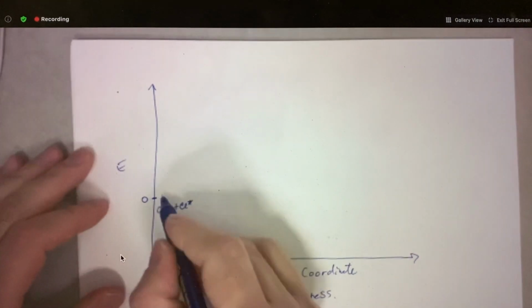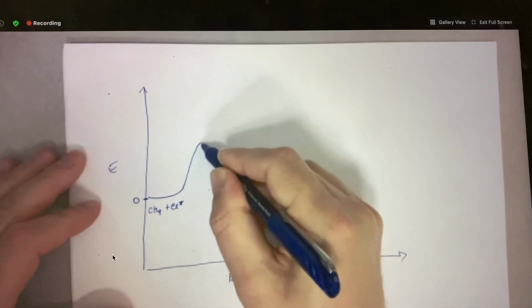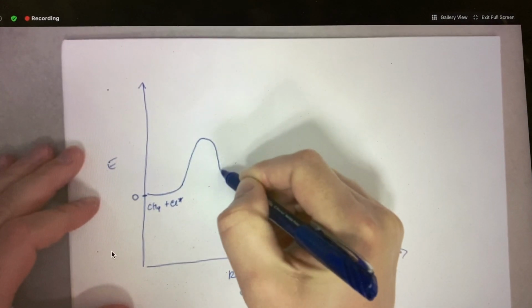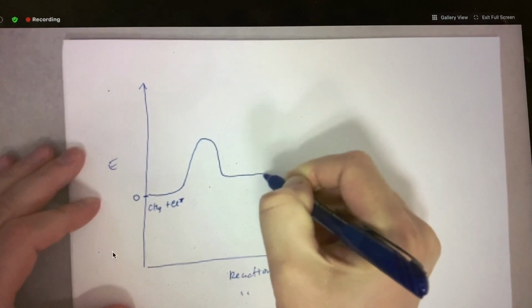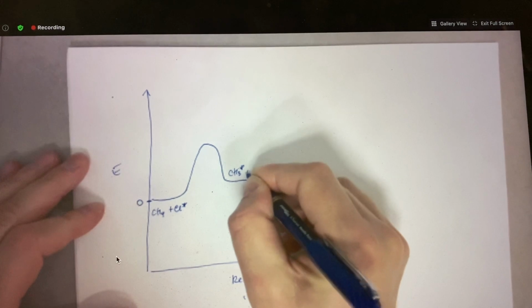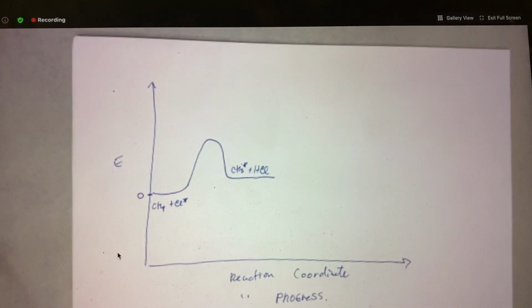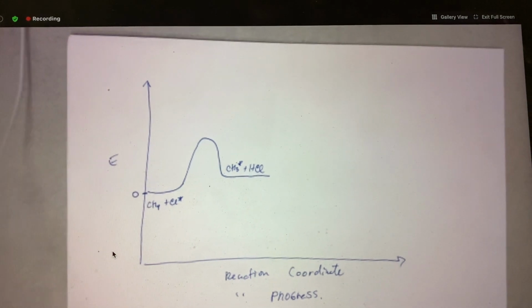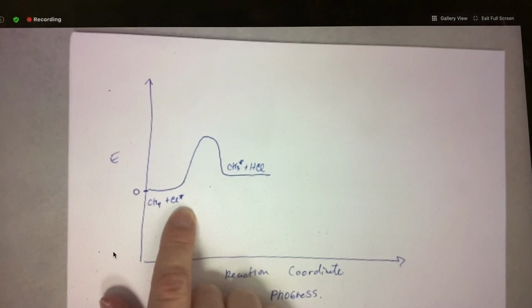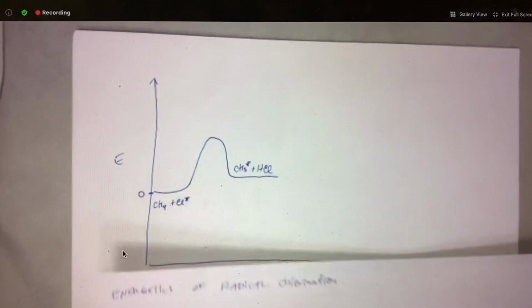They find one another, and there's a transition that happens as they proceed to the methyl radical plus HCl. There's a transition that happens, going from methane and chlorine radical to methyl radical and HCl. This is the first propagation step.